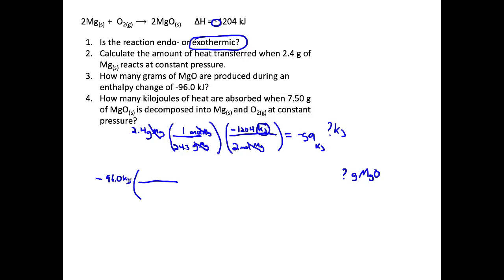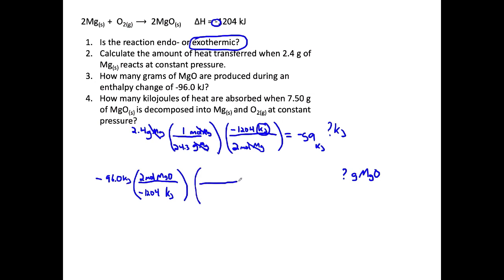All right, so if I start with kilojoules, I want to have kilojoules on the bottom. And so my conversion is minus 1204 kilojoules of heat are going to be given off, right, if I have 2 moles of MgO reacted.